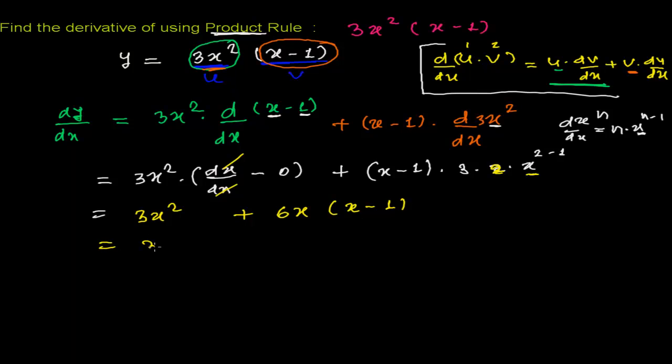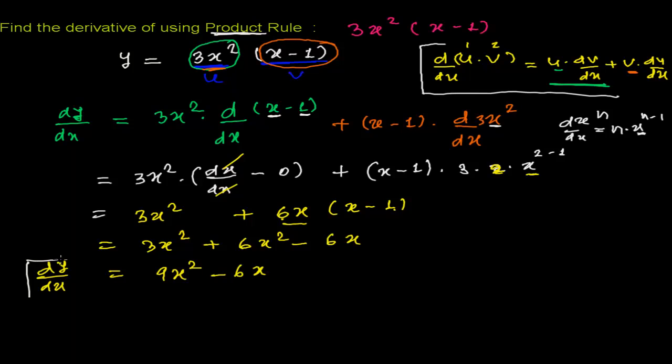Now 3x squared plus 6x squared gives 9x squared, and 6x times minus 1 gives minus 6x. So 9x squared minus 6x is my dy over dx, the derivative of the function we got from the product rule.